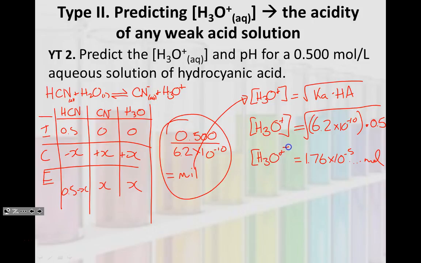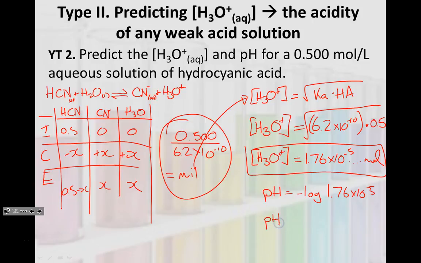And then to figure out my pH, it's the negative log of that, 1.76 times 10 to the negative 5. And so your pH, written with 3 significant digits, is 4.754.